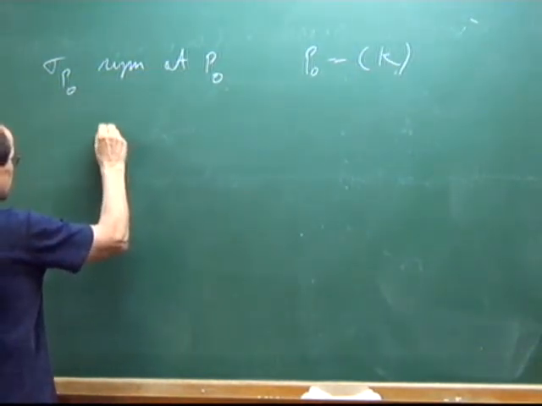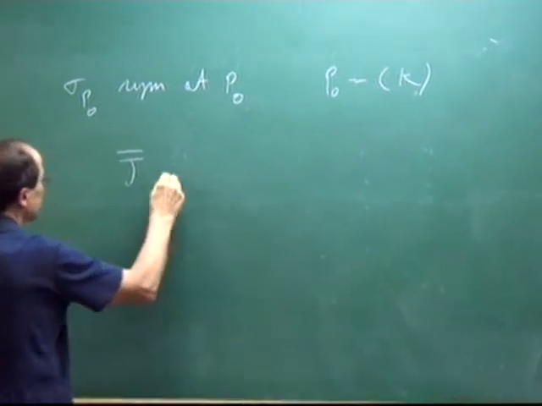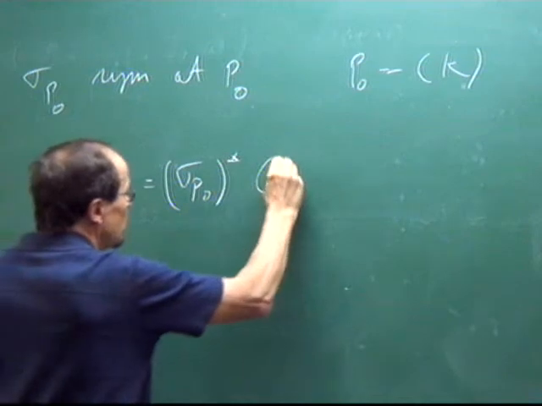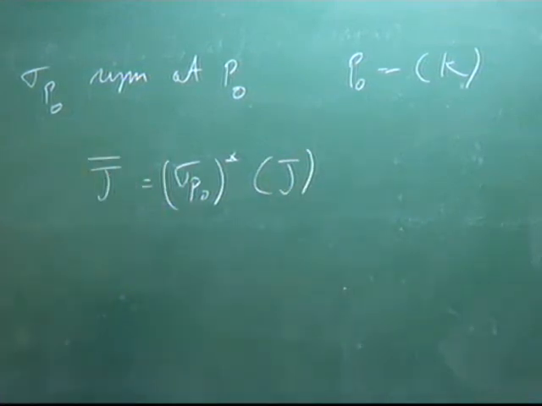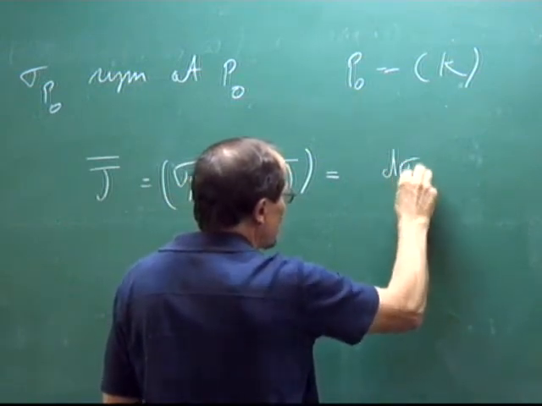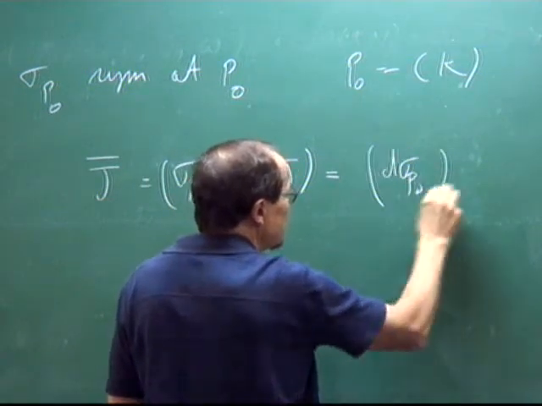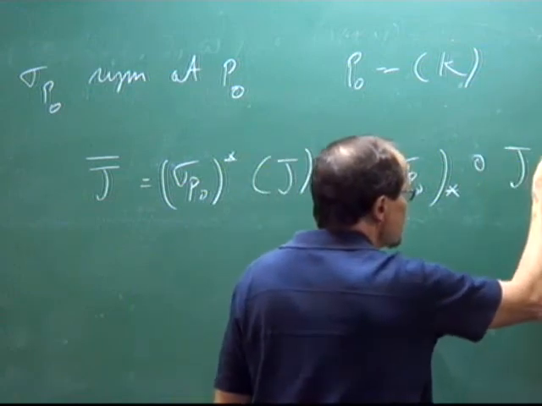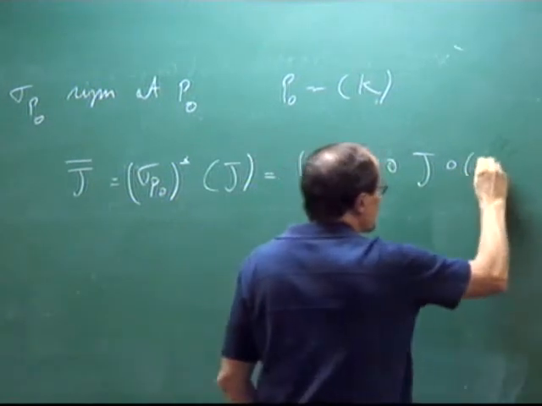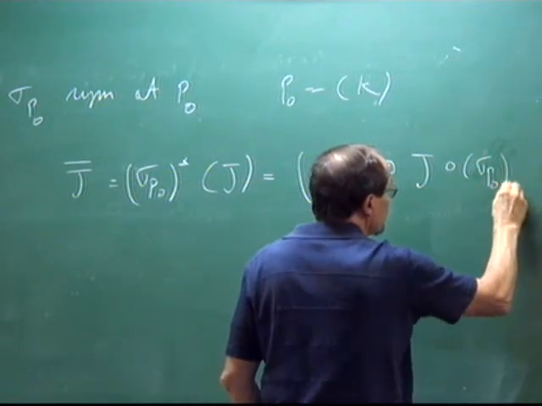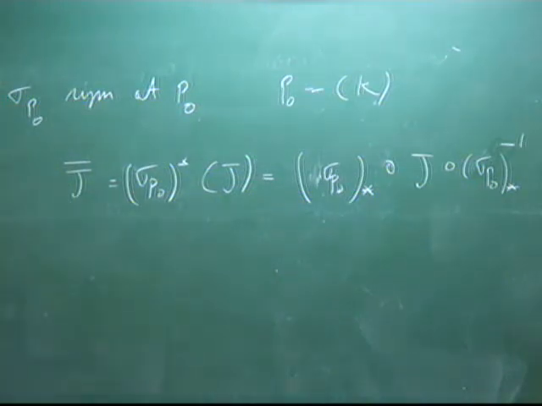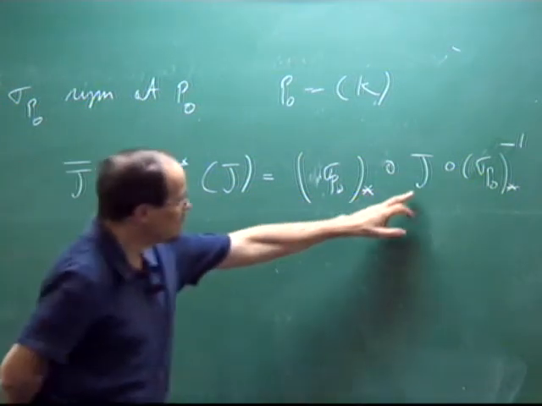Let me call it J bar, which is the complex structure J pulled back with my symmetry. By pullback, I mean the usual thing, the same thing I did over there, just like our pullback forms, right? I can pull back any tensor, and that's what I mean by that.